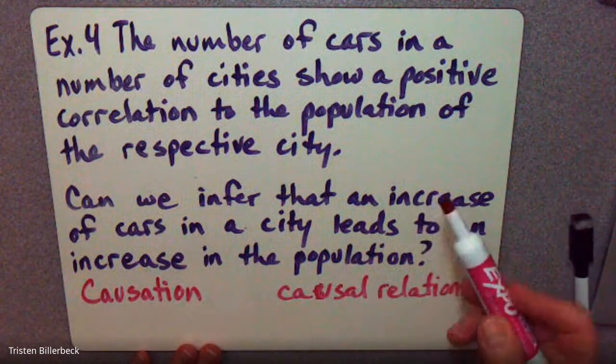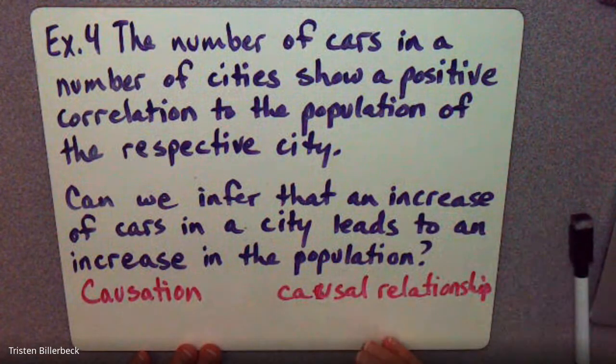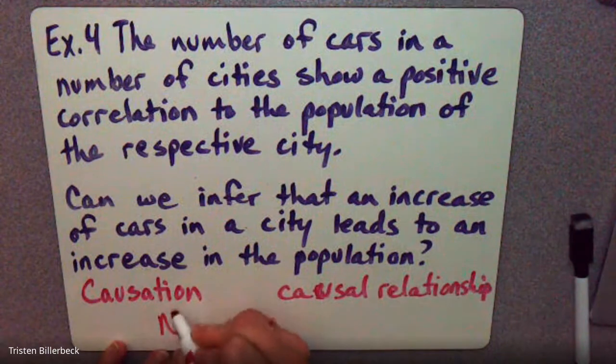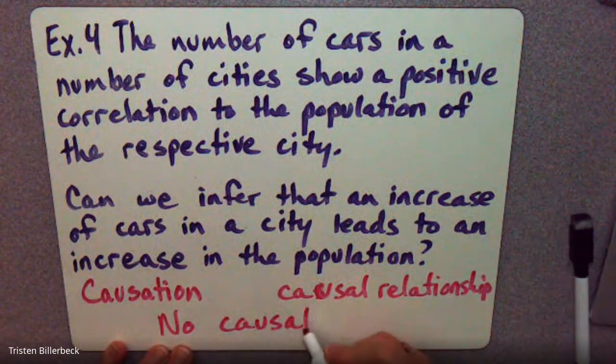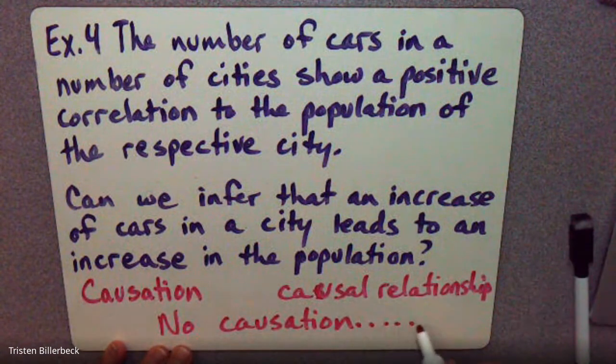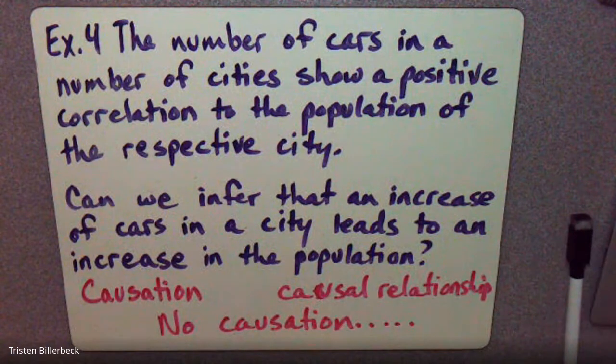More people would need more cars, but cars are not going to be producing more people. So there is no causation in that direction. Okay, so again, we need to be careful in statistics to really think about what is being said and does this make sense?